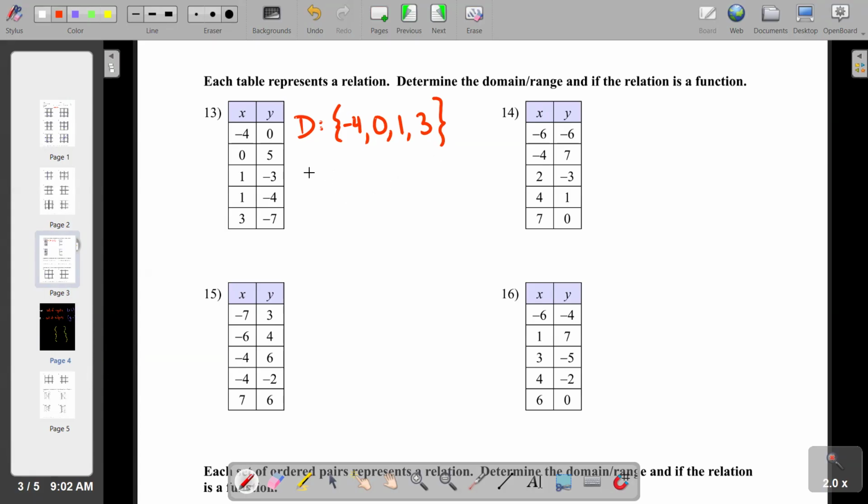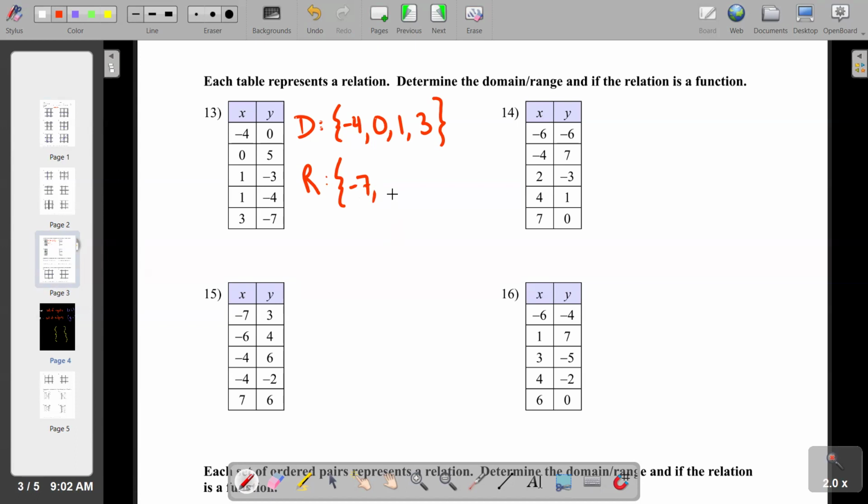And now we're going to write the range, capital R, curly bracket. Who's the smallest member of my range? -7. We do not try to correspond domain and range elements. I don't care who goes with who. This isn't up to us. We will always list our elements from smallest to biggest, regardless of what order they come in the problem or in the data.